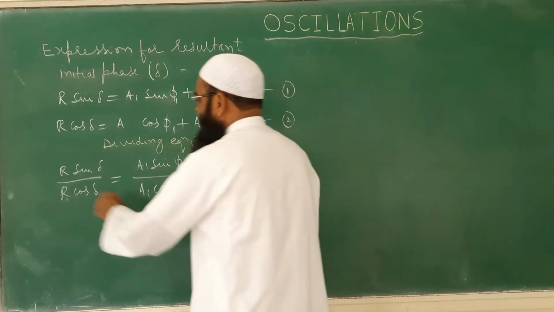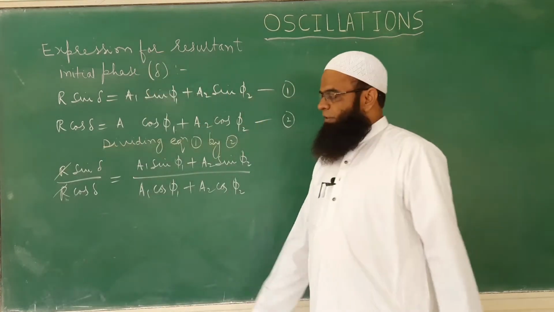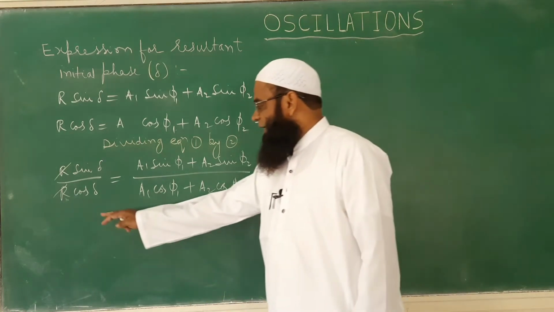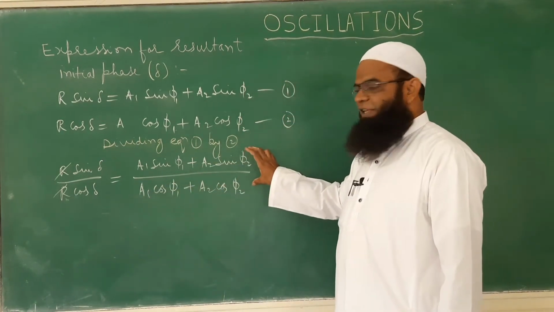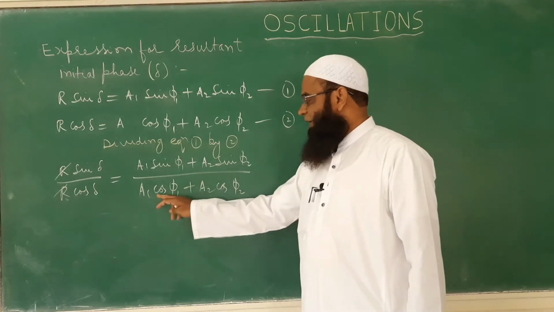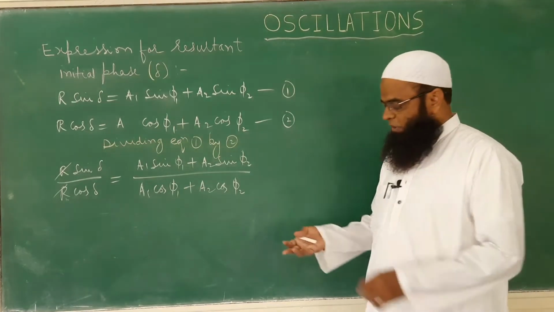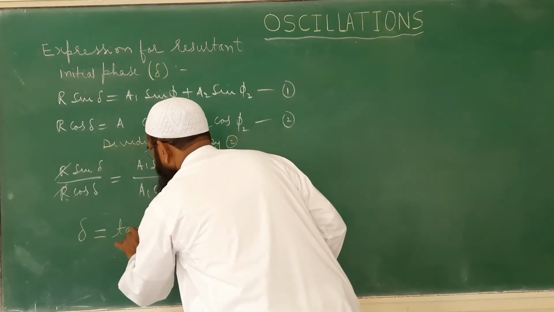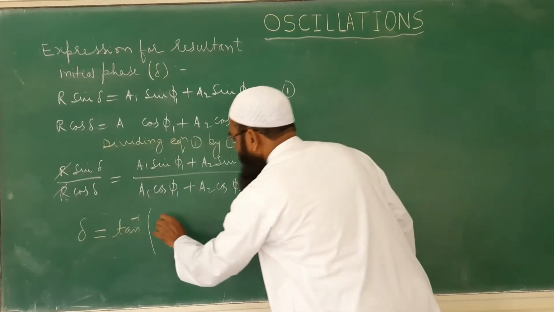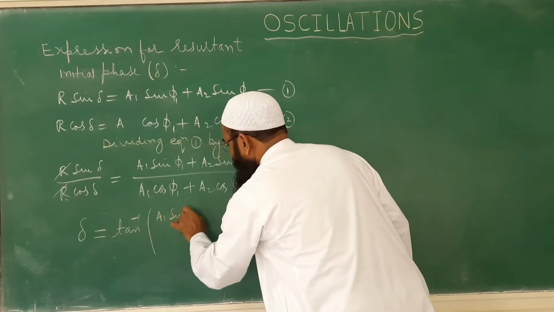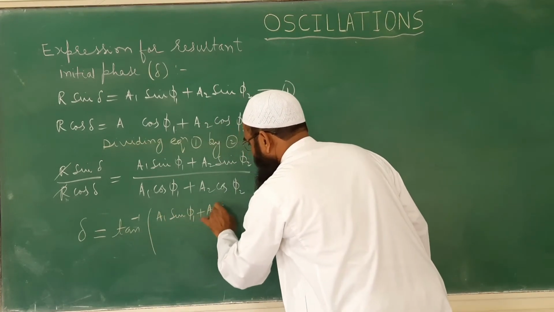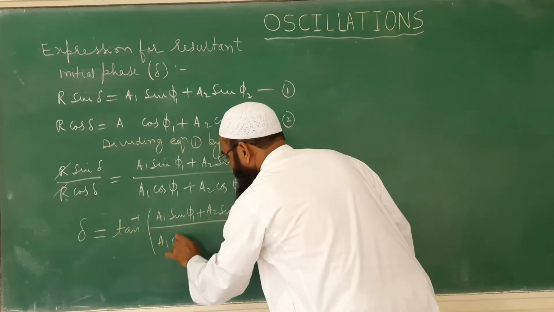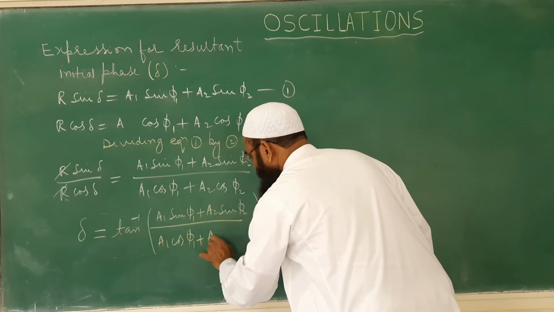So here r will get cancelled and sin delta upon cos delta will be equal to tan delta. So tan delta will be equal to a1 sin phi 1 plus a2 sin phi 2 upon a1 cos phi 1 plus a2 cos phi 2, or delta is equal to tan inverse of a1 sin phi 1 plus a2 sin phi 2 divided by a1 cos phi 1 plus a2 cos phi 2.